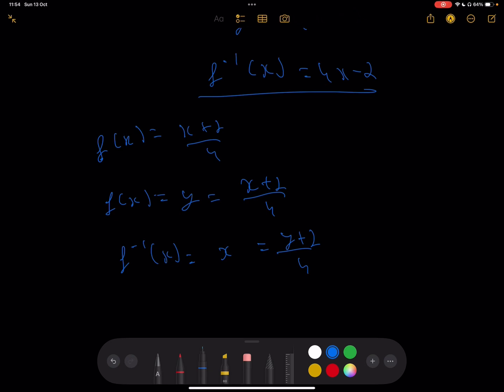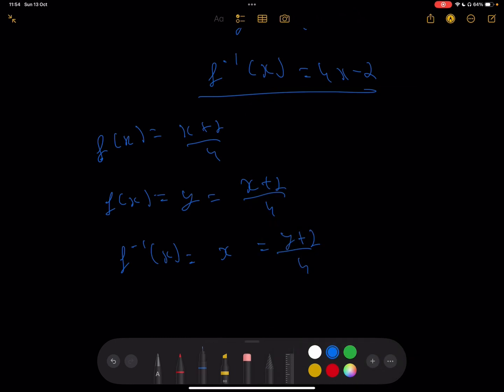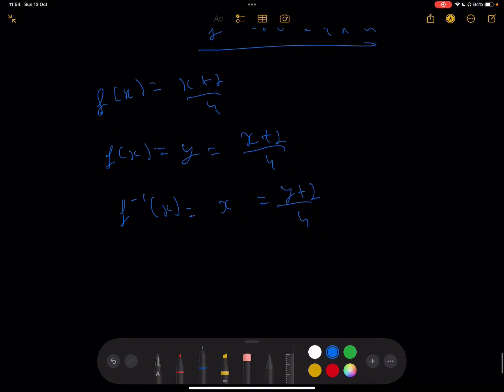How do we know this? Well, we know that f of x is equal to y is equal to (x plus 2) over 4. So, using variable interchange, where we switch the variables around, because they're inverses of each other, x is equal to (y plus 2) over 4. And now we just solve for y, because we know that y is equal to f inverse of x.